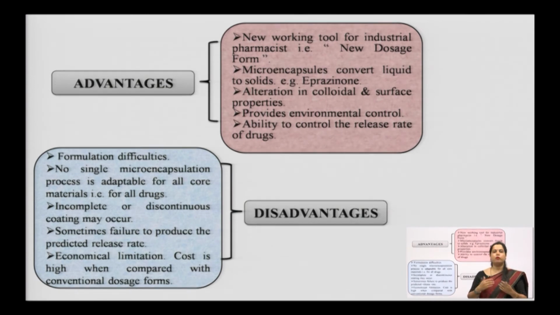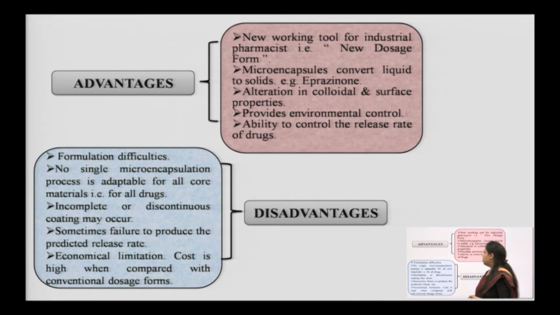That is why we have multiple formulation methods to prepare microcapsules, because we have different kinds of drug materials which have different kinds of solubility, stability issues, temperature issues, degradation issues. So, we will choose the technique accordingly.